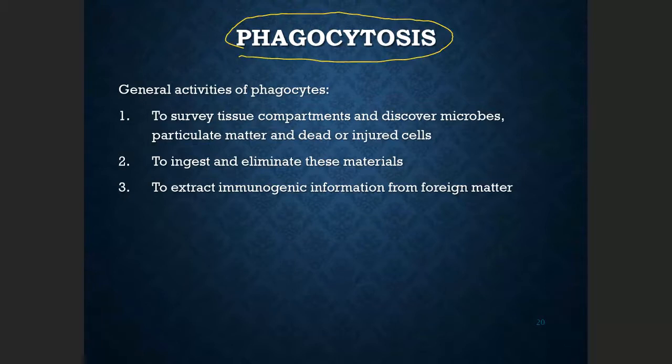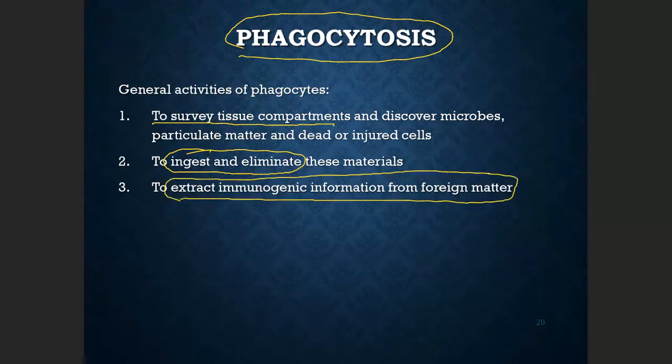First, they survey the tissue, and there is a recognition step. If a foreign cell comes into the tissue, they will know because they do the survey, recognizing it, and then they will ingest that foreigner and extract some information from it. This is immunogenic information that can be used later to destroy more bacteria or pathogens in our body.